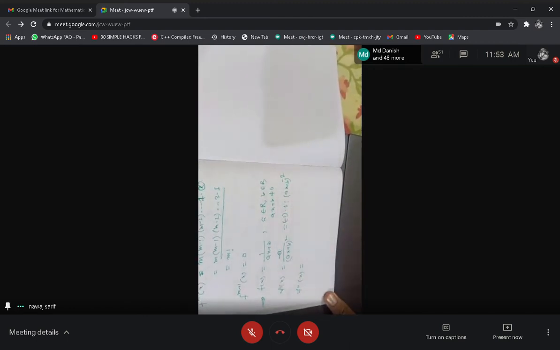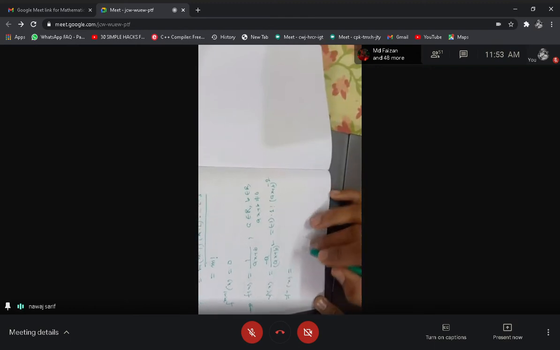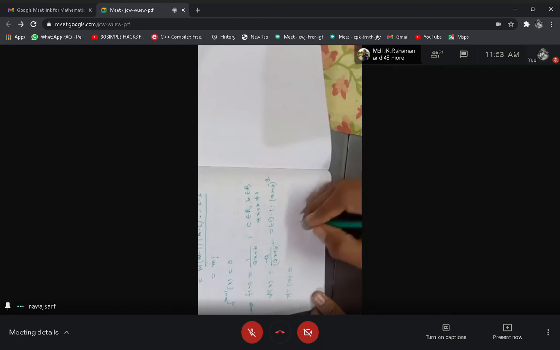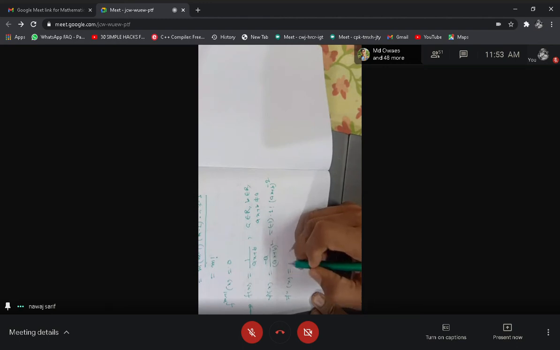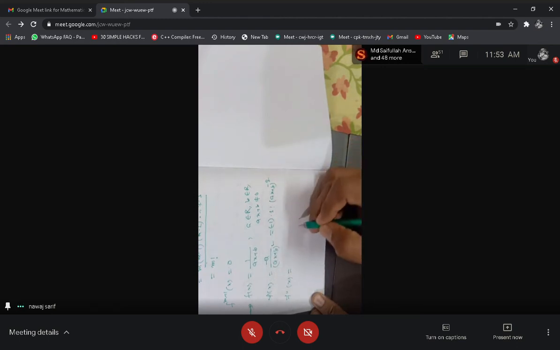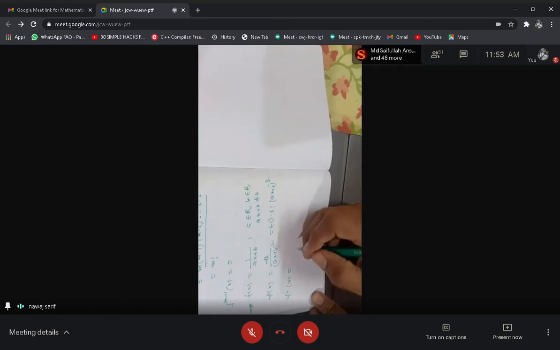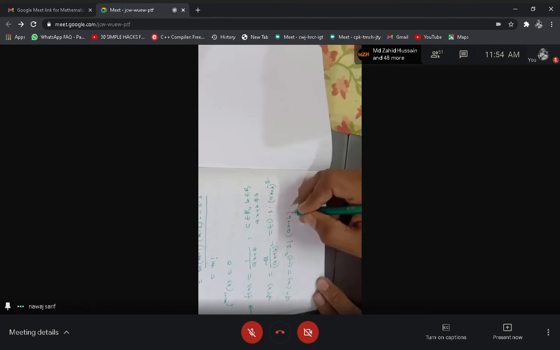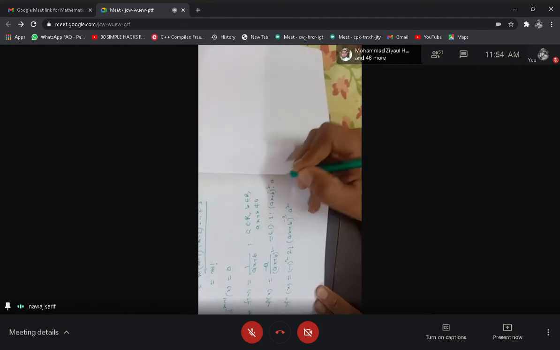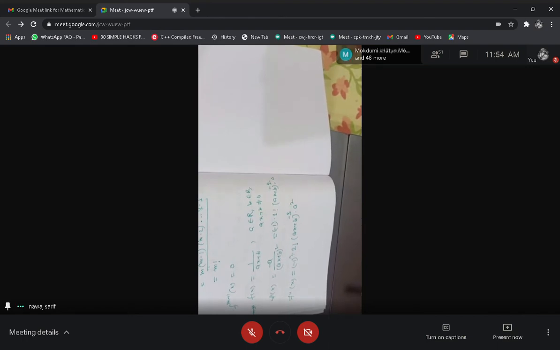When you find f double dash x, it will be minus 1 square, that is plus, into 2 factorial into a square, and (ax plus b) to the power minus 3. Okay, is this correct?